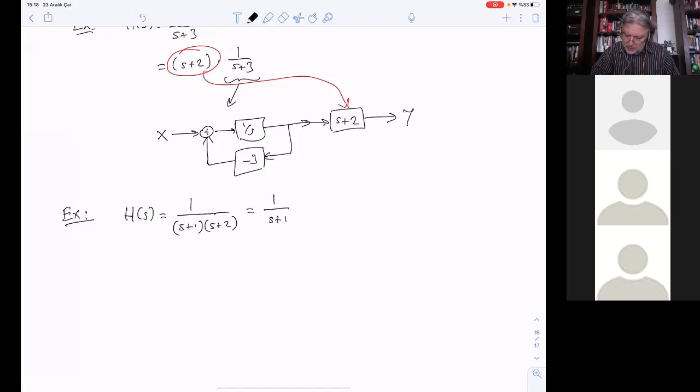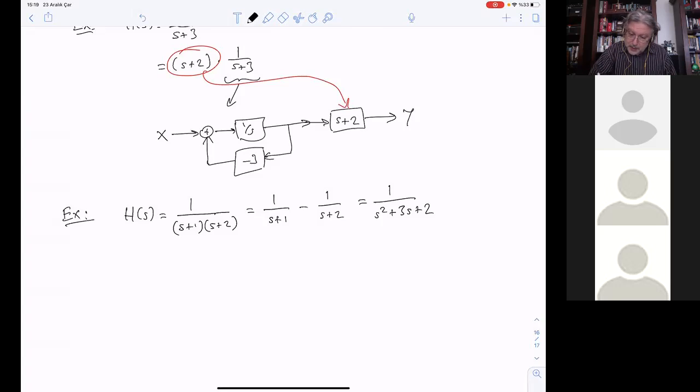It could be written as 1 over s plus 1 minus 1 over s plus 2, or it could also be written as 1 over s squared plus 3s plus 2. So all these things will be equal to one another. But how are we going to realize these things using system blocks of integrators?